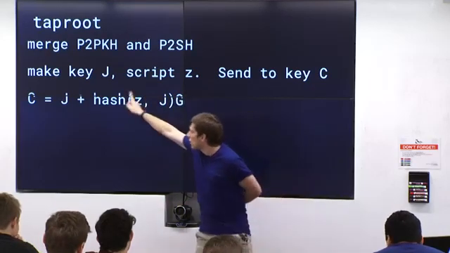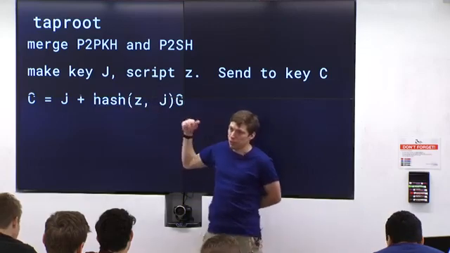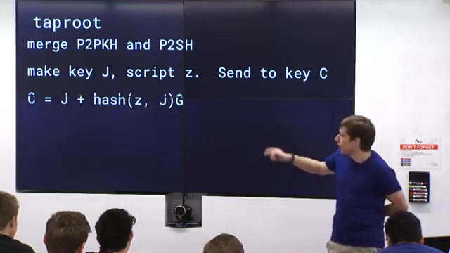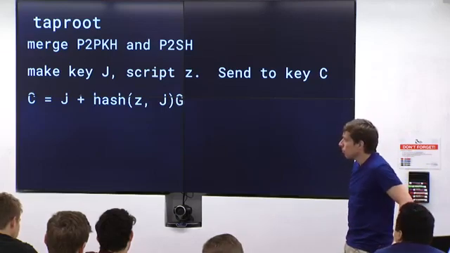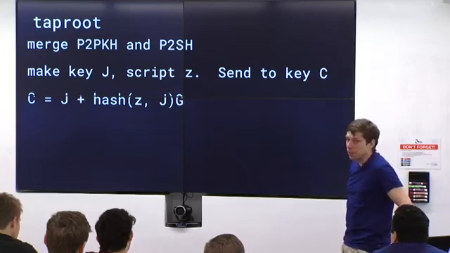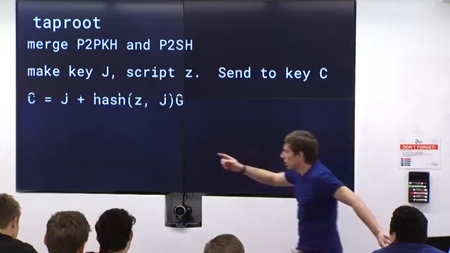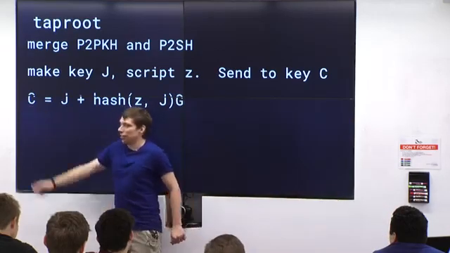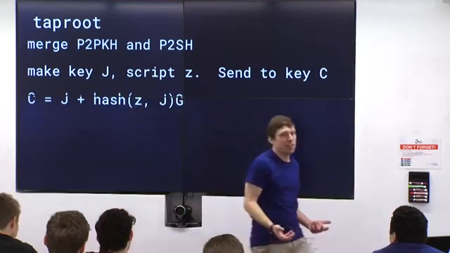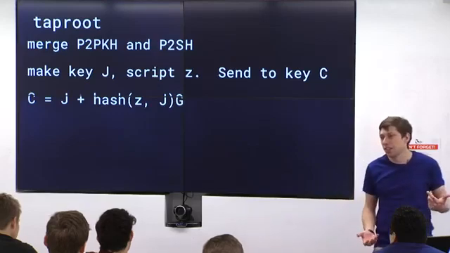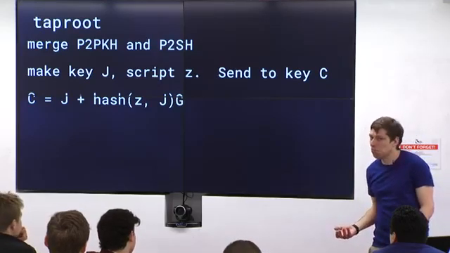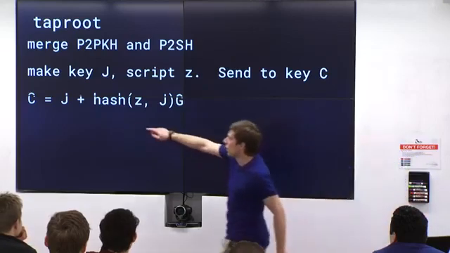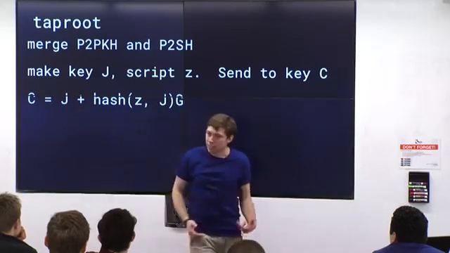So this is the same as the thing I just did with the op return in 0 bytes, right? And then I send money to it. I've sent money to this C point. Can I sign with C's private key? I know little j. That's a regular key.